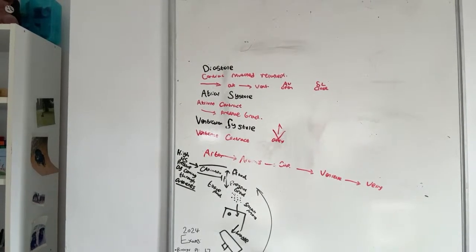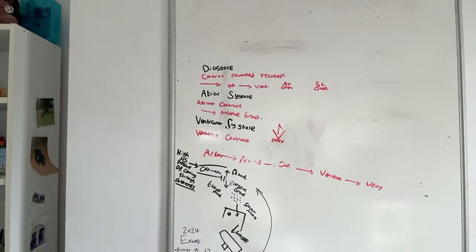I don't know. Why does hydrostatic pressure reduce as it moves away from the heart? Because there's less force applied by the heart. I don't know. I have no idea for that one.